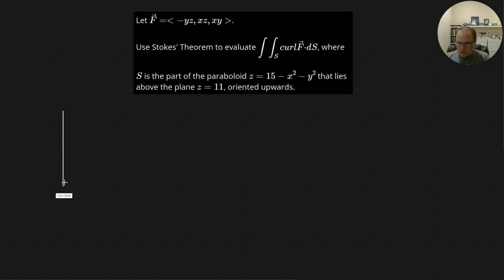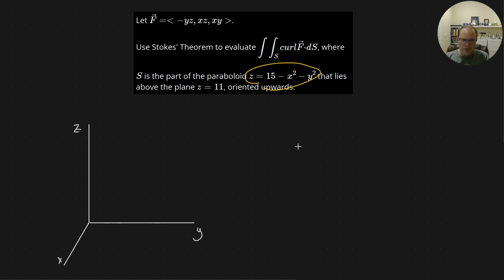So, let's get a sense of our surface and what we're dealing with here. So we have a paraboloid, 15 minus x squared minus y squared. That is a paraboloid that opens downward with its vertex up at z equals 15.